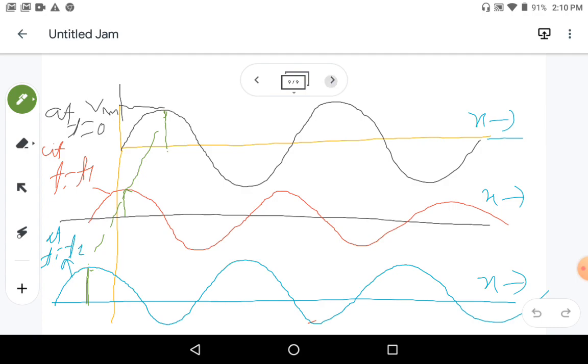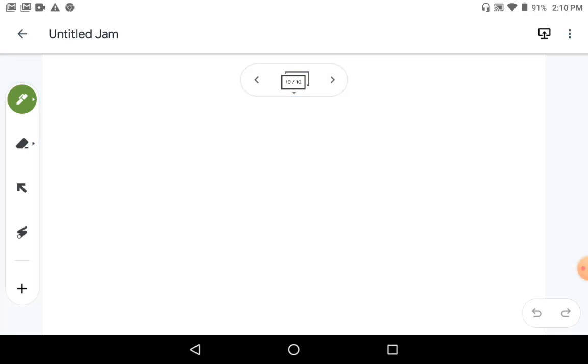Now if we take one more equation, v of x,t equals Vm cos of omega t minus beta x.